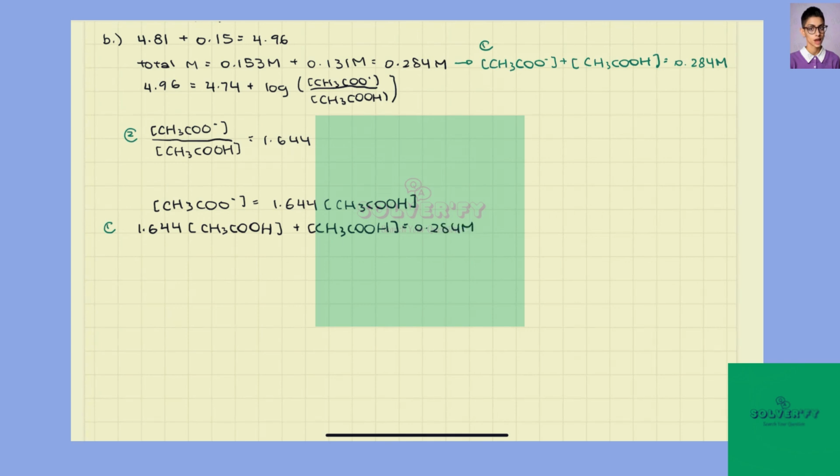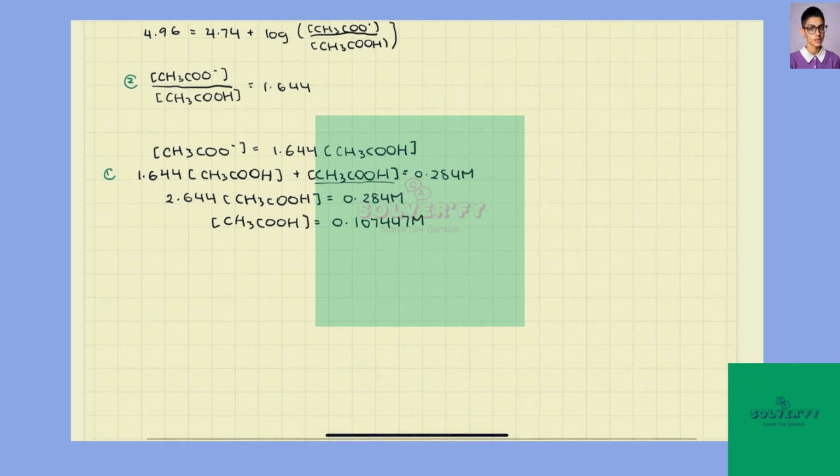We can do the addition, although there are no numbers before the CH3COO minus, but there's a 1. So this would give us 2.644 CH3COO minus, which is 0.284. We solve for this equation, and we will find ourselves with the molarity of CH3COO minus, which is 0.107447 molar.